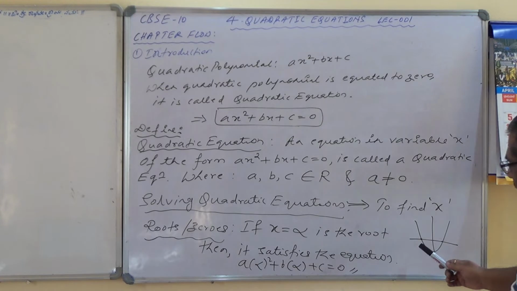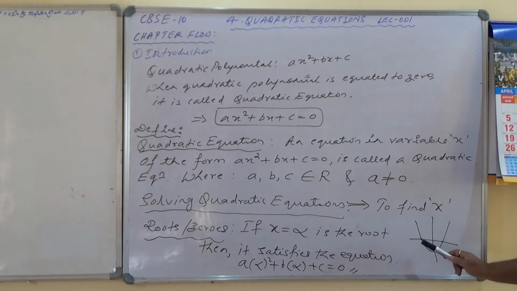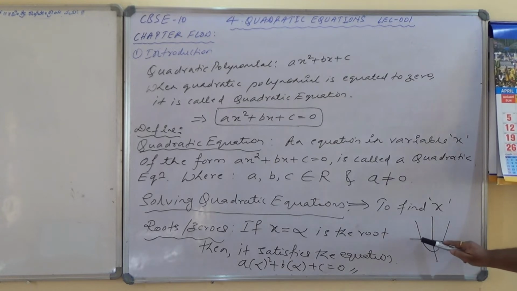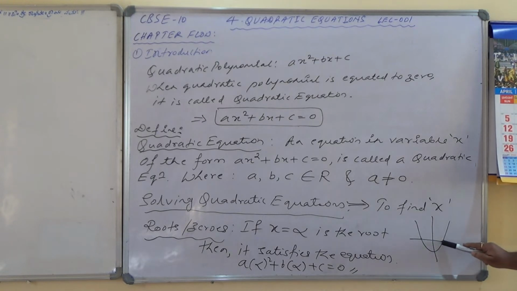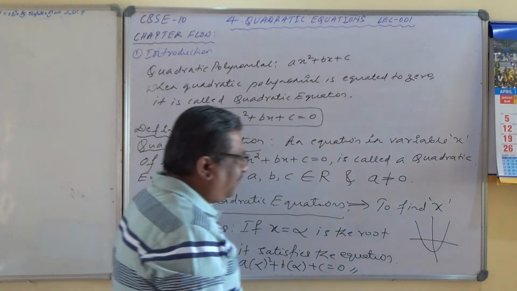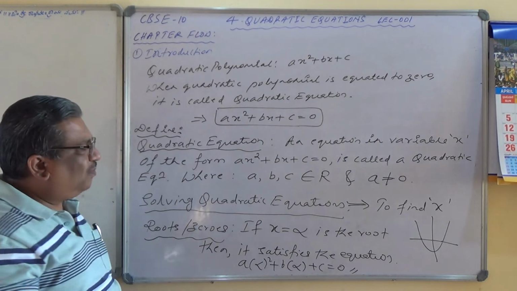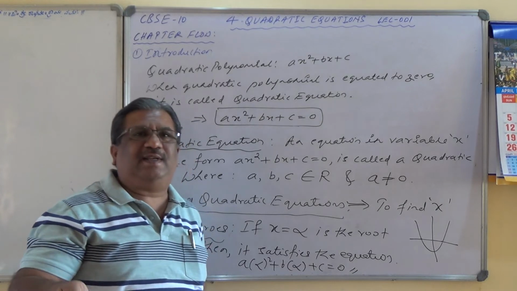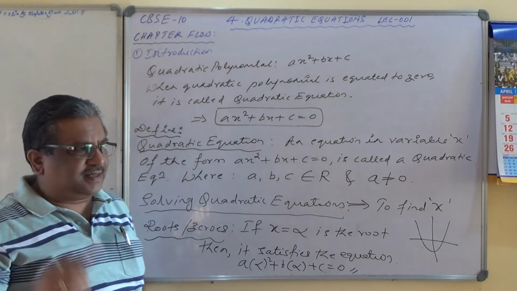Here you can see these two x coordinates where the graph intersects the x axis. This is the x axis and this is the graph which intersects it. The values of these two points are nothing but the values of x, and these values of x are called the roots. So what I mean is, roots are those values of x which, if substituted in the left hand side of the equation, satisfy the equation and make it equal to the right hand side.